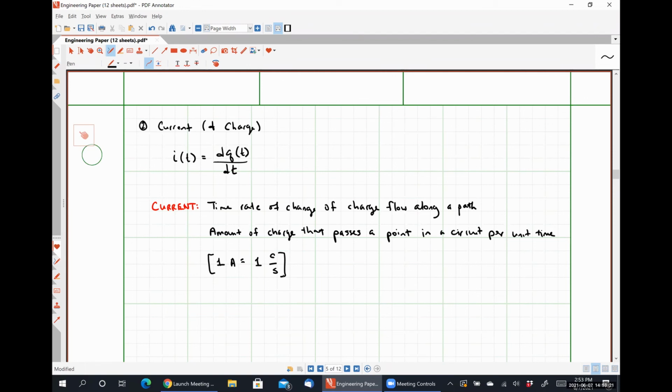If we use a little bit of math, we can develop a relationship for the amount of charge based on current.